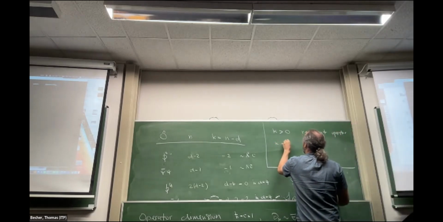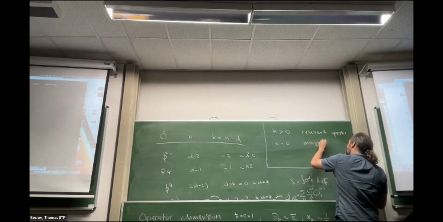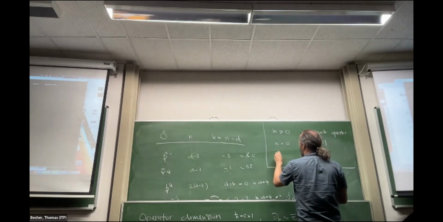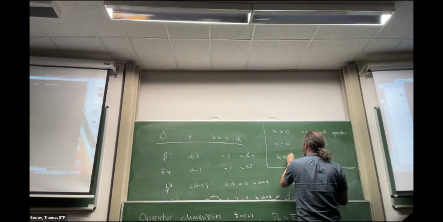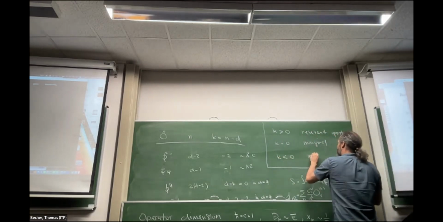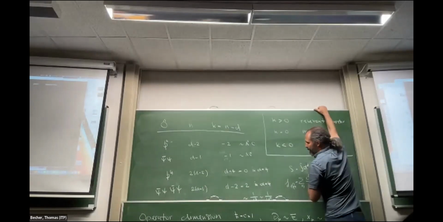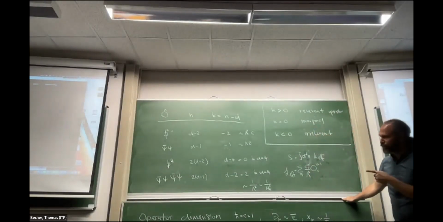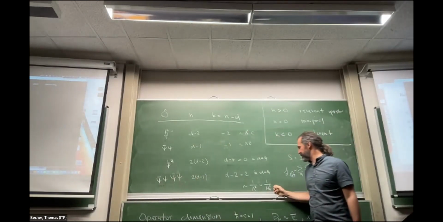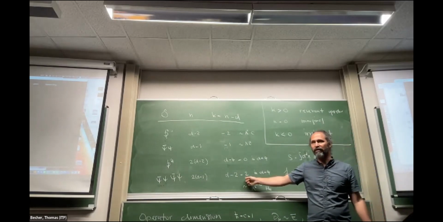K equals 0 is called marginal. And K smaller than 0 is called irrelevant. What we've seen here is that this 4-Fermi theory operator is irrelevant because the K is 2 in 4 dimensions.